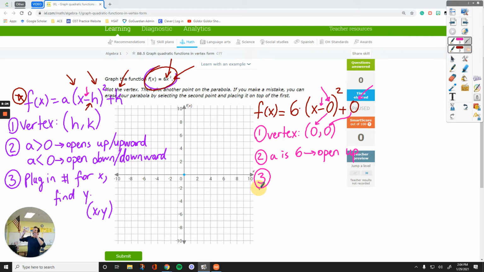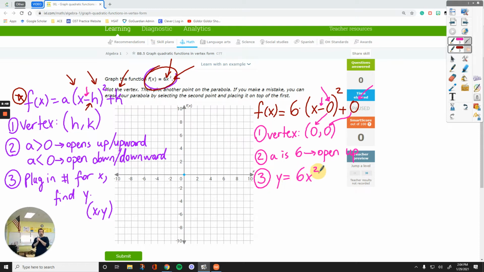Now, look at the function, f of x equals 6x squared, right? Let's just rewrite it. And if you are not familiar with what I am doing, if you have a function, you can plug in y for f of x. They are the same thing. If you take my class, if you're one of my students, you already know this. y equals 6x squared.